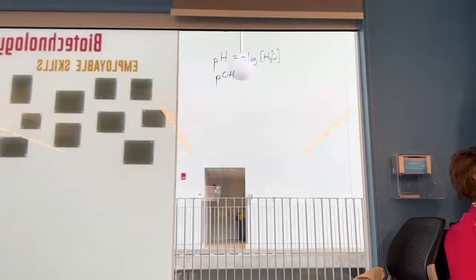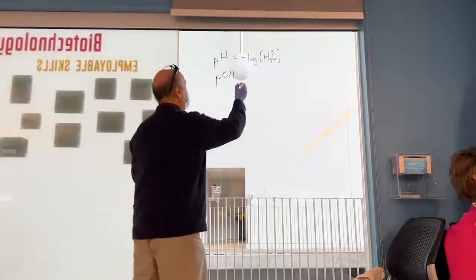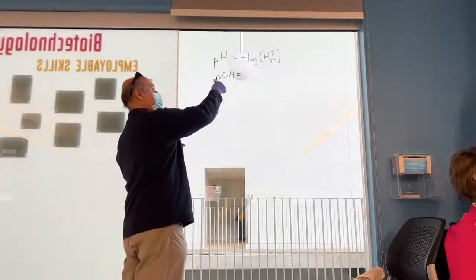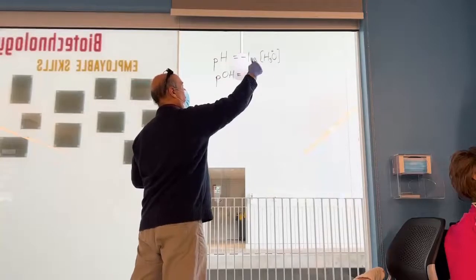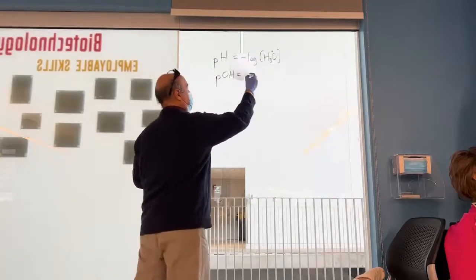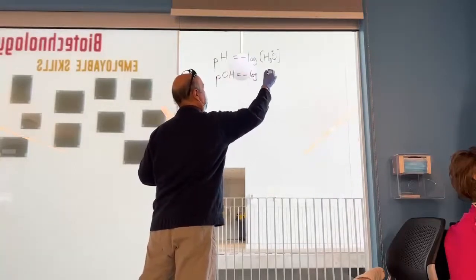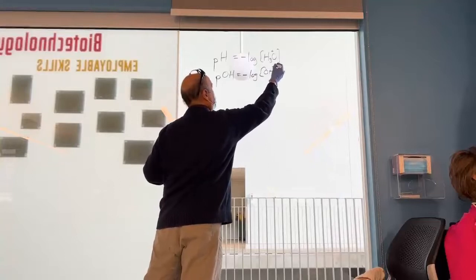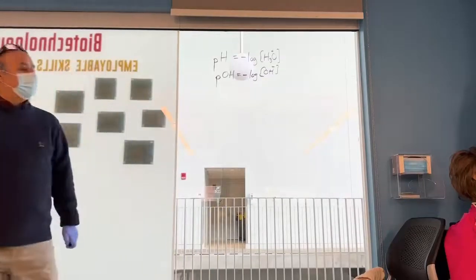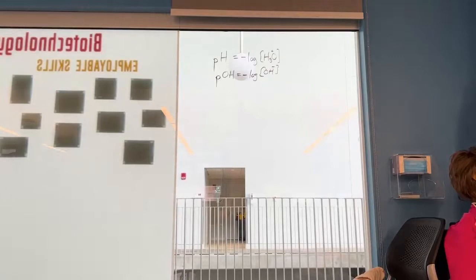We never use that one, we don't measure it, but we do calculate it in biochemistry. If the little p means negative log of, then obviously that means negative log of the concentration of OH minus. And in pure water, this is going to be 7 also. So the pOH of pure water is equal to the pH of pure water, which is 7.